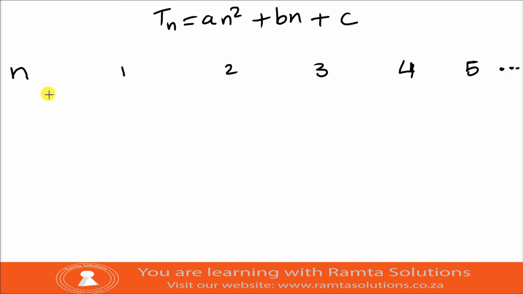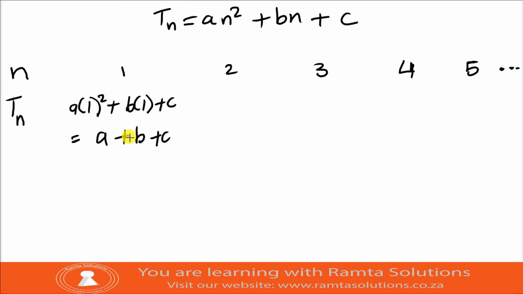When n is 1, Tn is a into 1 squared plus b into 1 plus c, which simplifies to a plus b plus c.